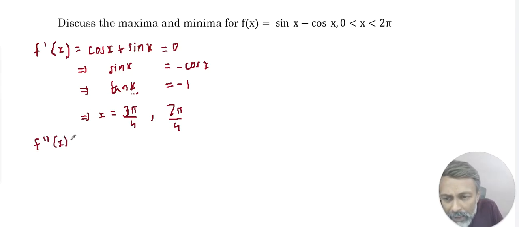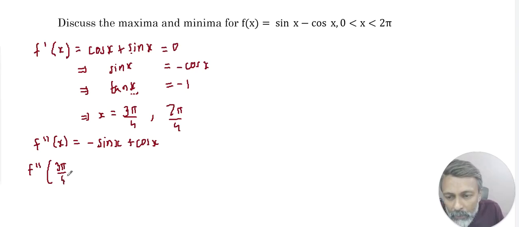Let's take the second derivative. f double dash x is equal to, we have to take cos x derivative, which is minus sin x, plus sin x derivative is cos x. Let us take it at 3 pi by 4. Let's see what happens. So 3 pi by 4 is a second quadrant angle where sine's answer will be positive. So when you put x here as 3 pi by 4, this value is going to become positive 1 upon root 2 because it's with 45.